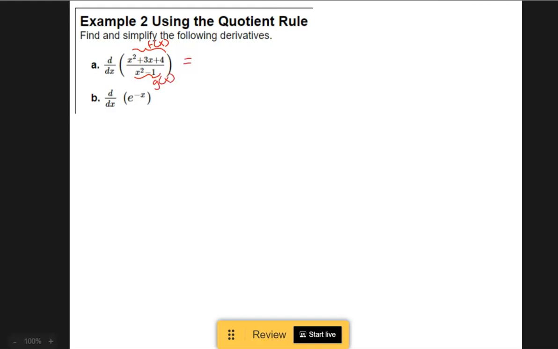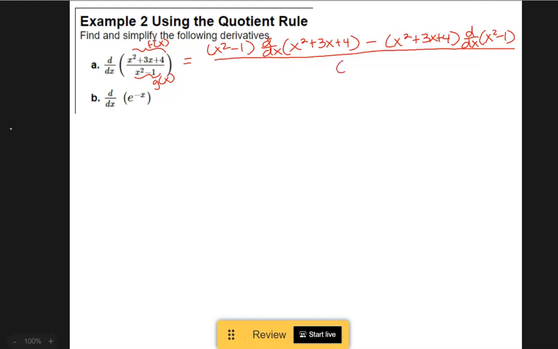Okay, so it is low, so x squared minus 1, d high, so d dx of x squared plus 3x plus 4, minus high, so that's just x squared plus 3x plus 4, d low, so derivative of the denominator, okay, all over low squared. Okay, so we're going to keep the denominator like that for a while.